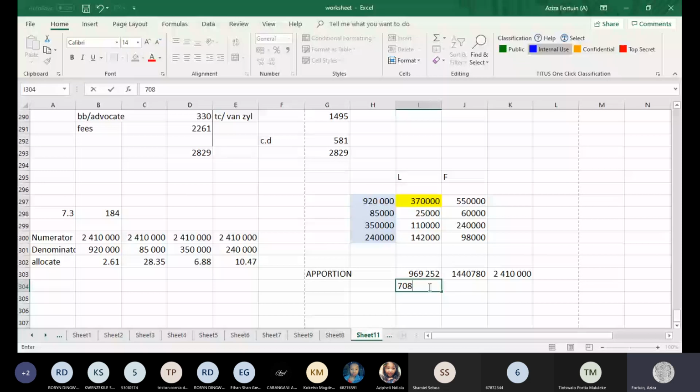And then 60,000 times 28.35 is going to give me an amount of 1,701,174. Together, I should get 2,410,000. These numbers are slightly out because this number here is not 2.61, it's 2.6196. There's still two numbers left.